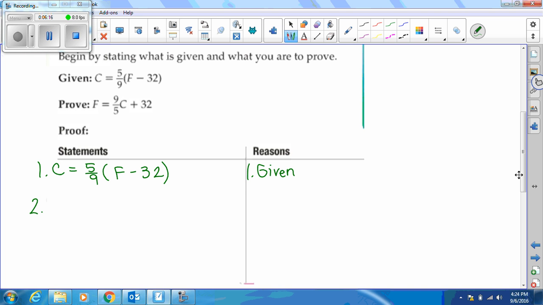And then I would multiply by 9/5 on both sides. So this would be the multiplication property.